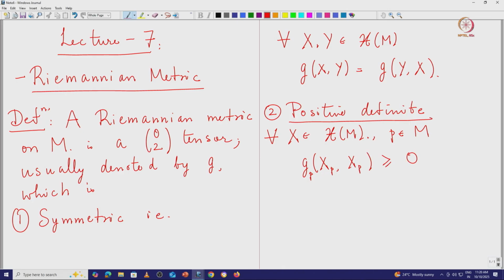So g applied to X comma X is bigger than or equal to 0, with equality if and only if this vector X_p is 0.